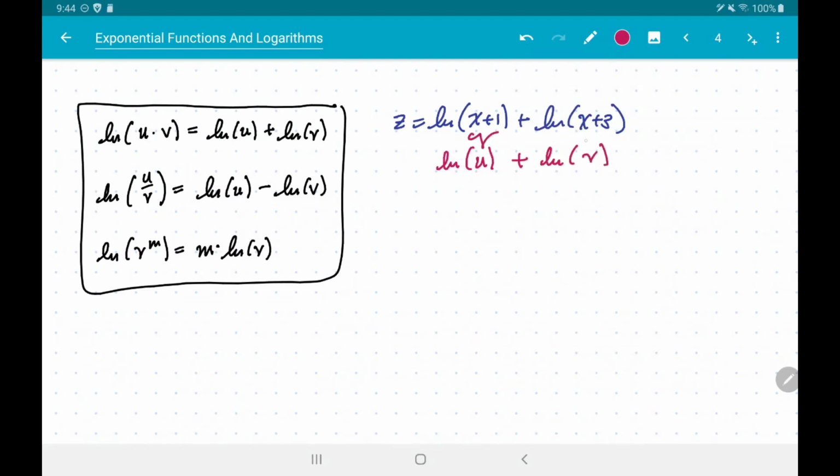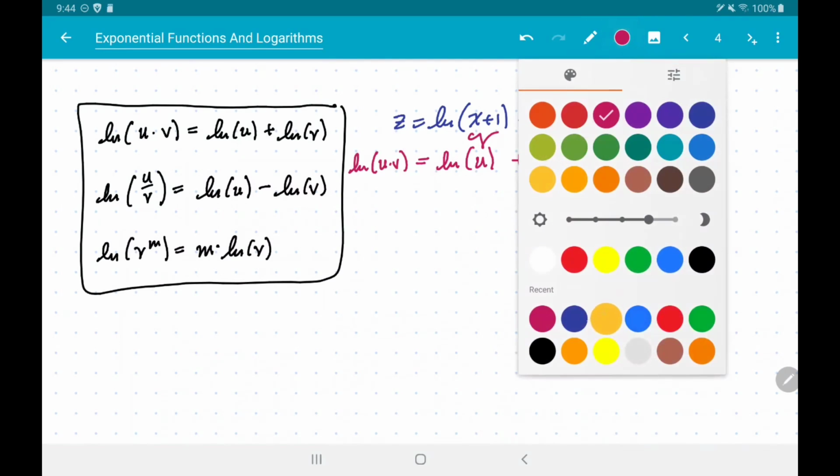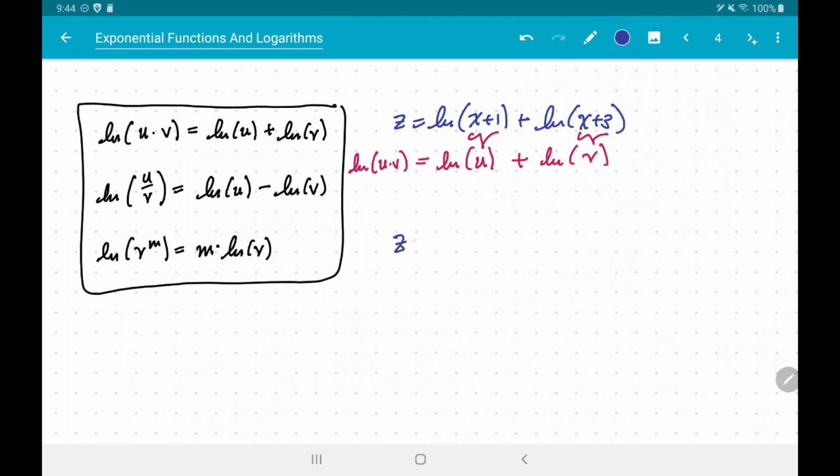The u matches with x plus 1, the v matches with x plus 3, and we want to rewrite that as ln of u times v. Okay, so z equals ln of, I need to put in u, so that's x plus 1 times v, x plus 3.